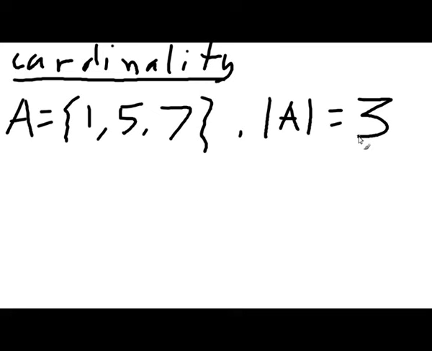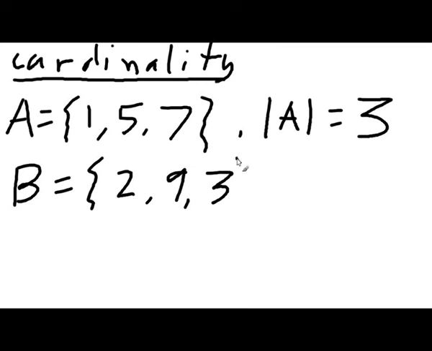Again, if I have another set, say B, and that has elements say 2, let's pick say 9 and say 3. So once again there are three elements in the set B, so the cardinality of B is once again 3.